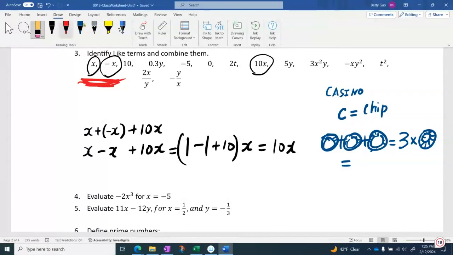Remember, I use C to represent the chips. So here we have 3 times C. And we don't have to keep this multiplication symbol. We can just remove it and write 3C. So 3C means 3 chips.